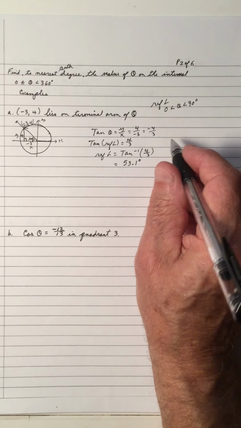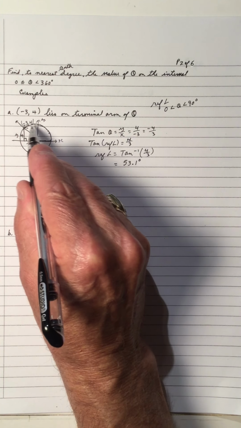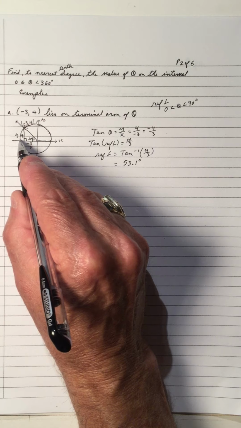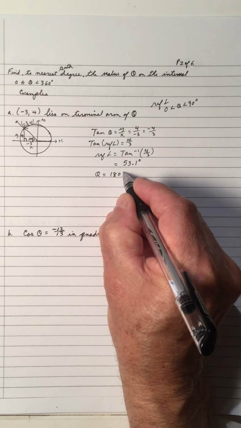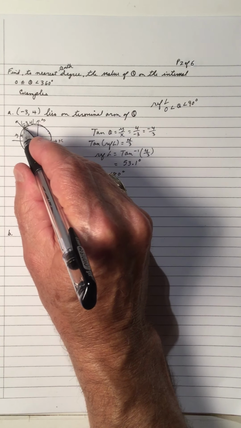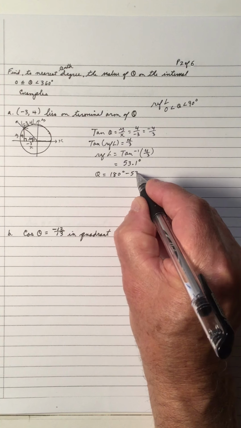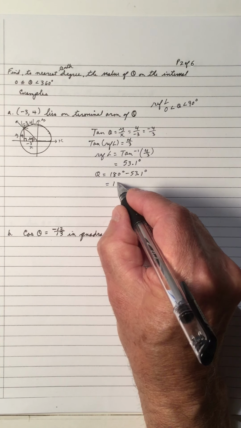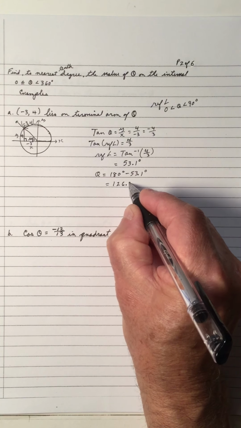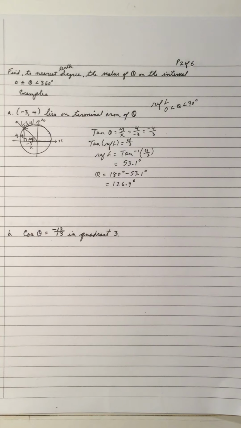If that's 53.1, then theta is the rotation from here to here. All the way is 180. So theta is going to be 180, which is this rotation right here, minus the reference angle, which is 53.1. And that gives us 126.9 degrees as the rotation.